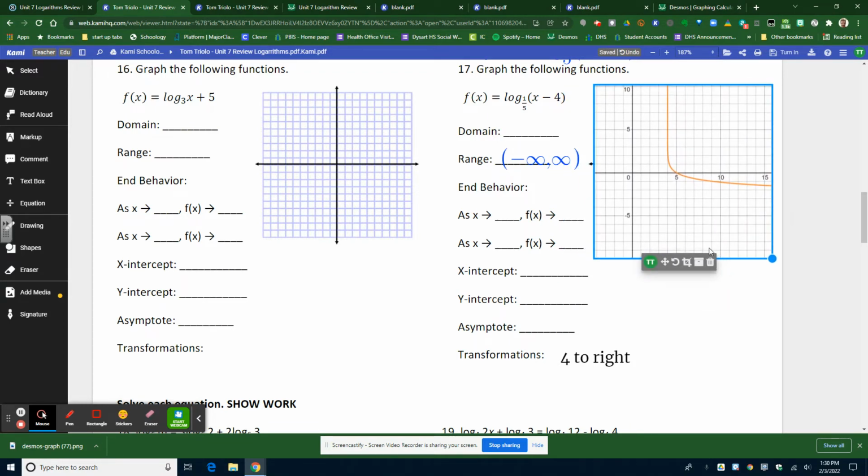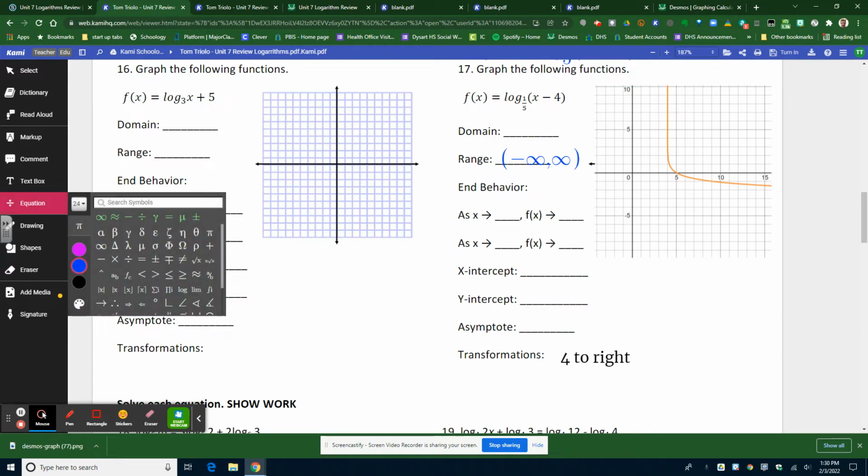Okay. So left-hand side. That's my asymptote. But we write asymptotes as equations, so what do I need with the 4?